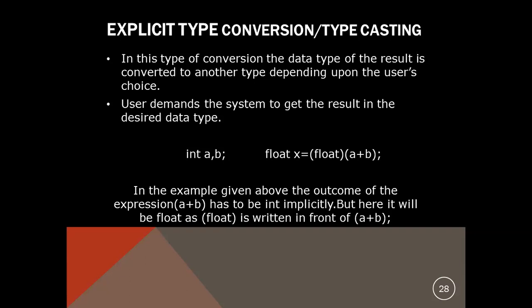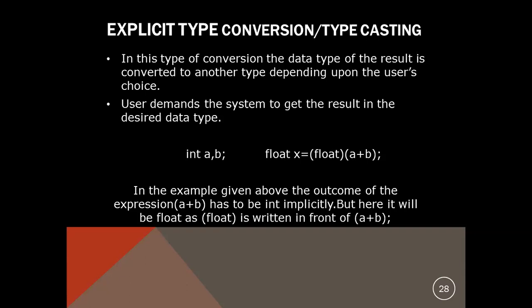int a, b; x is equal to a plus b. Now since a and b are integers, the addition of a and b should also be an integer. But before a plus b, I have written float in brackets. This means what? I am telling the system that although my a and b are integers, their addition result should be given in float data type.